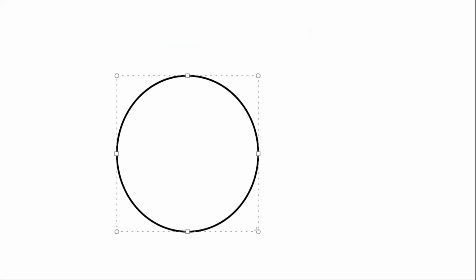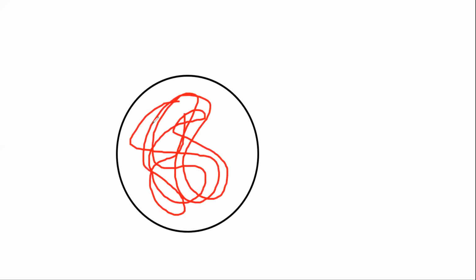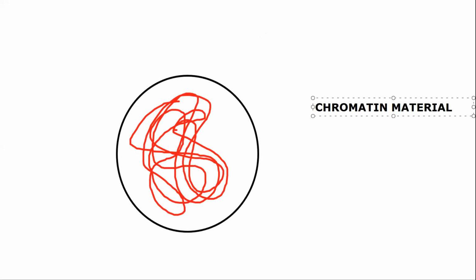So this is a nucleus. And inside the nucleus, as I said, there will be such thin thread-like material to which we call it as chromatin material, right? And there will be also presence of nucleolus.